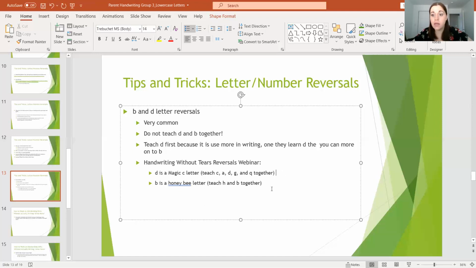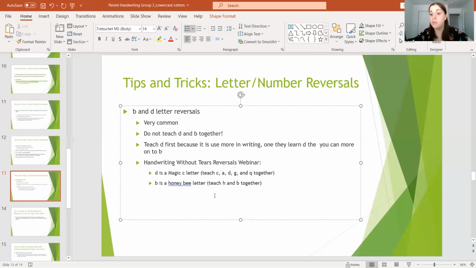And then when you are ready to move on to letter B, Handwriting Without Tears promotes the honeybee letter method. So H and B are very similar. They're a big line down, up like a helicopter, round and over, bump. So in honeybee, honey starts with H, bee starts with the letter B, so they go together, therefore they're taught together.